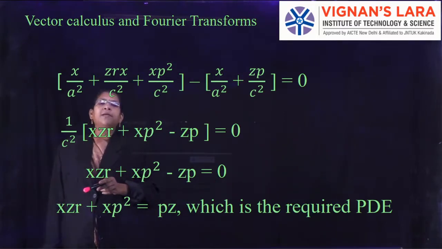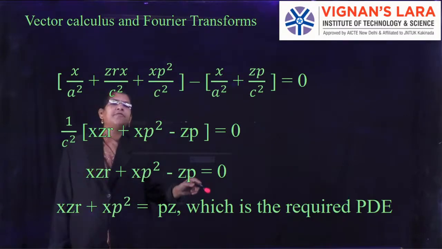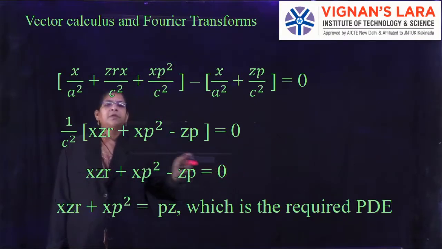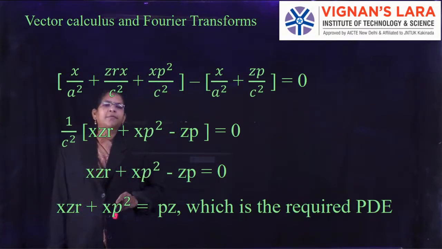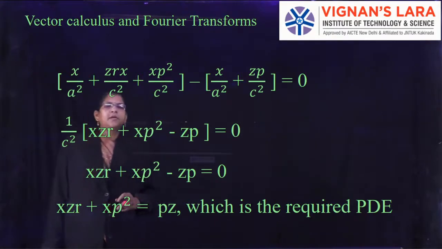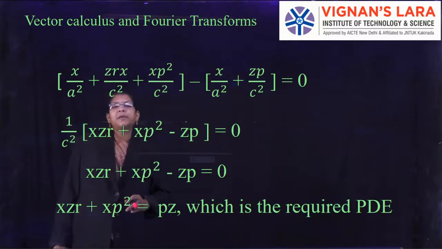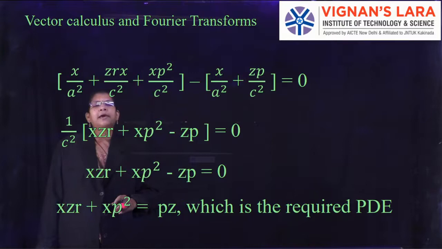Then xzr plus xp² minus zp equal to 0. Therefore, xzr plus xp² equals pz, which is the required partial differential equation. So we have eliminated the 3 constants a, b, c and formed the required partial differential equation.